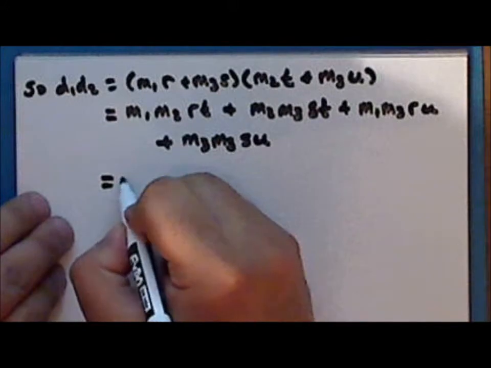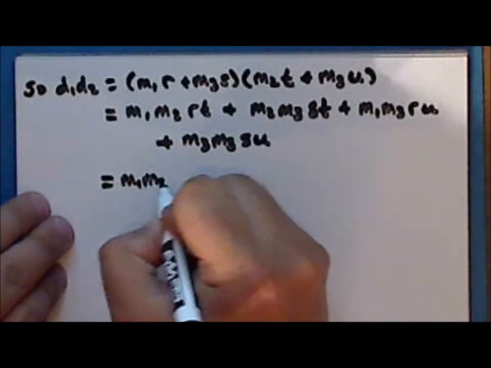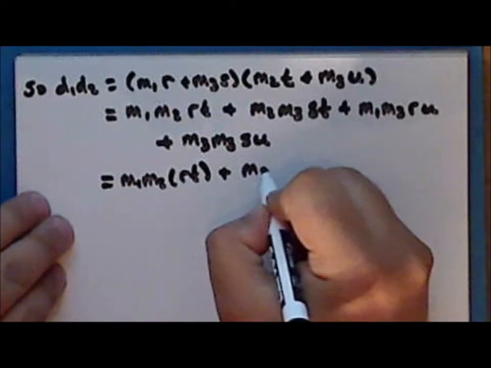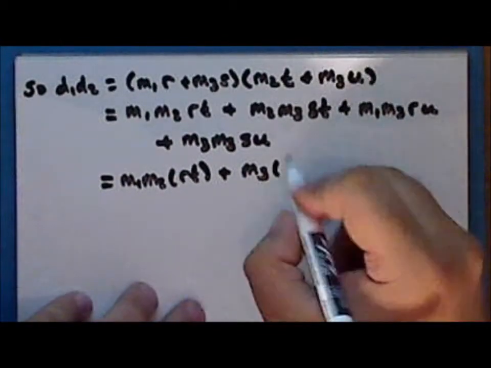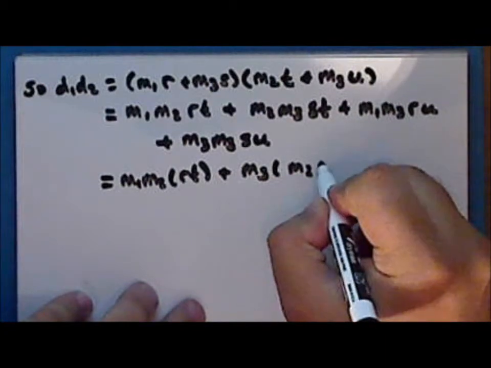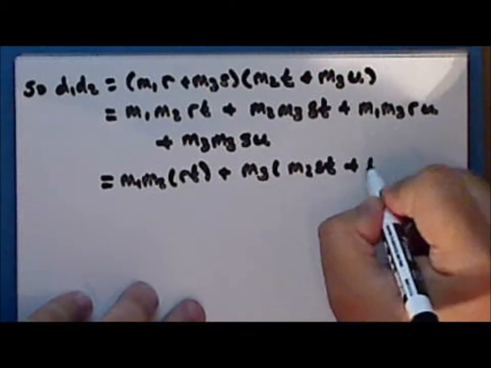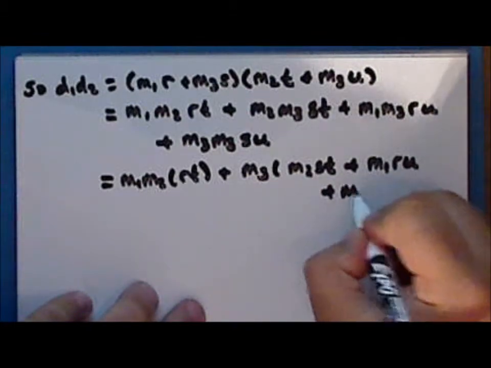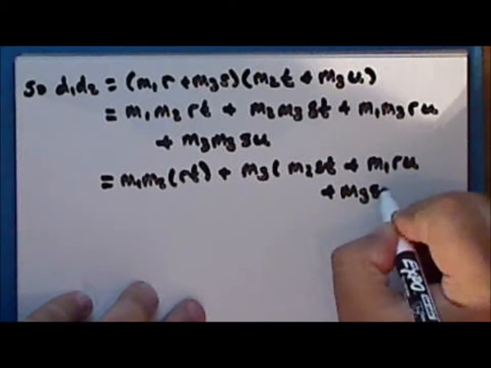And this is the same as m sub 1 times m sub 2 times r times t plus m sub 3 times the quantity m sub 2 times s times t plus m sub 1 times r times u plus m sub 3 times s times u.